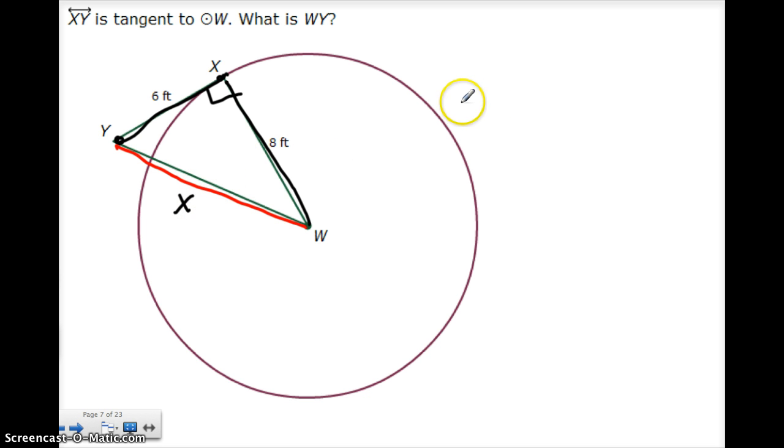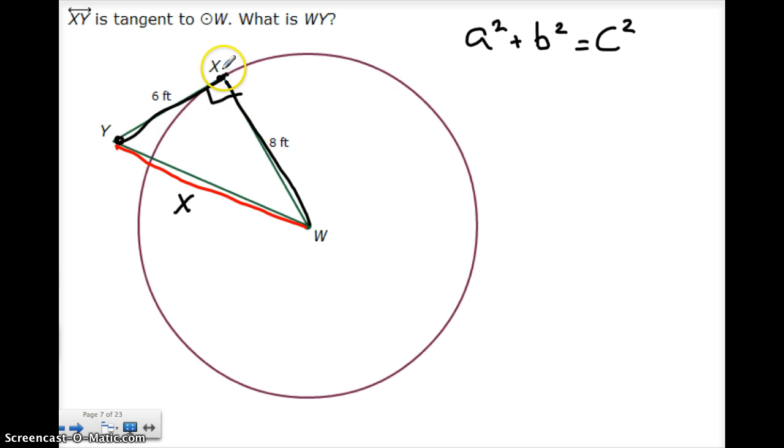Now, if you recall, back from middle school days, if I want to find the third side of a 90-degree angle, I could use the Pythagorean theorem, which is just a squared plus b squared equals c squared. Now all I have to do is plug in my values.